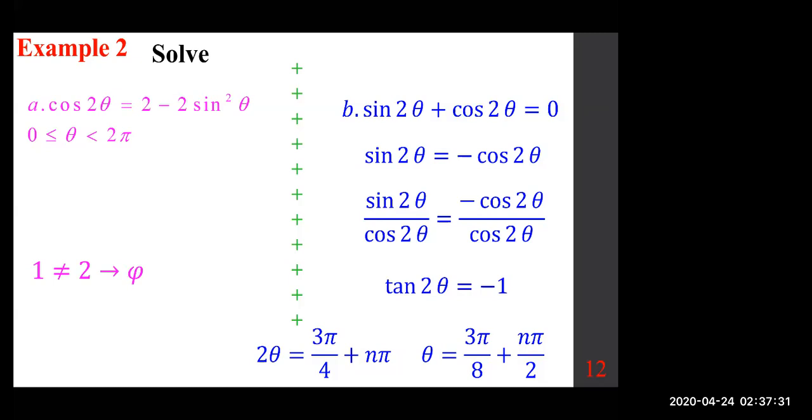Remember cosine, let me write all of them, see if you remember this. Cosine 2 theta is what? Cosine squared theta minus sine squared theta. It's also equal to 2 cosine squared theta minus 1.